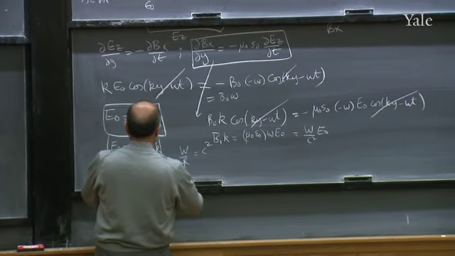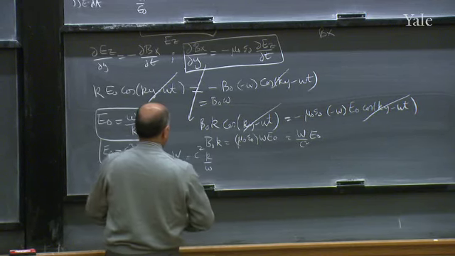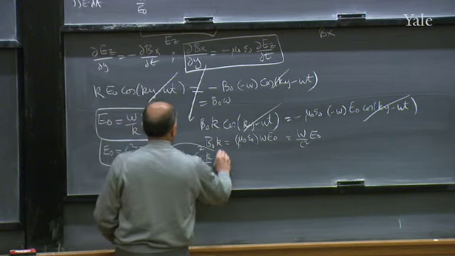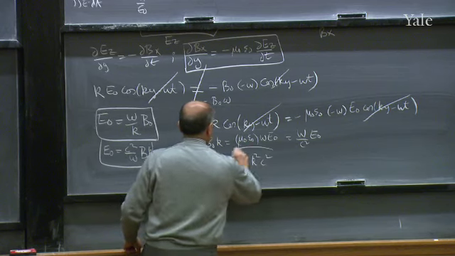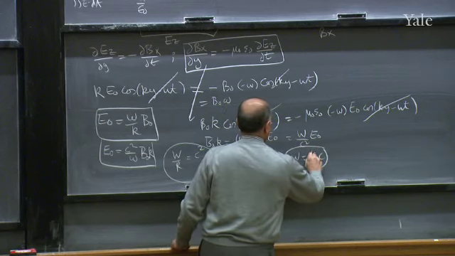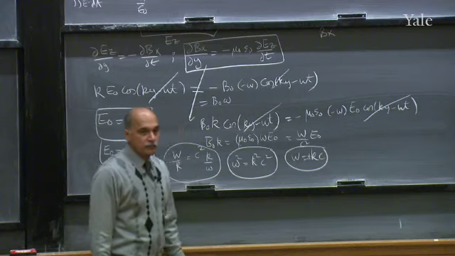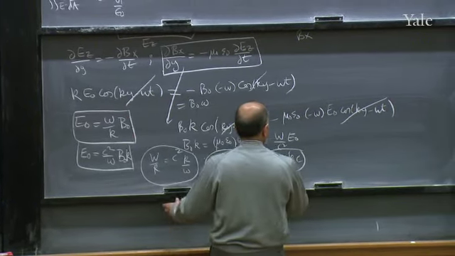Yes, so c squared k over omega. That tells me that omega squared is equal to k squared c squared, or omega equals kc, plus or minus. Or if you like, k is plus or minus omega over c. Doesn't matter how you write it.